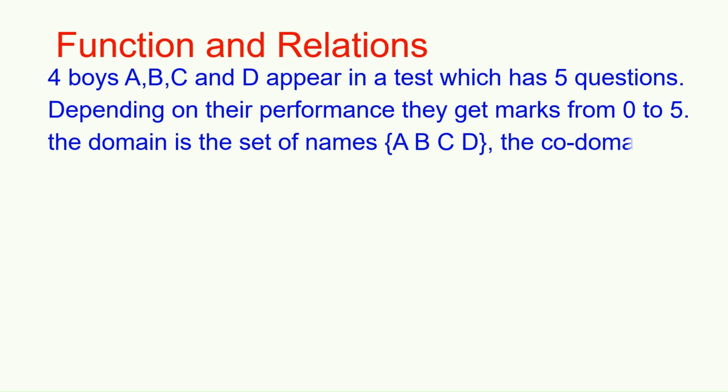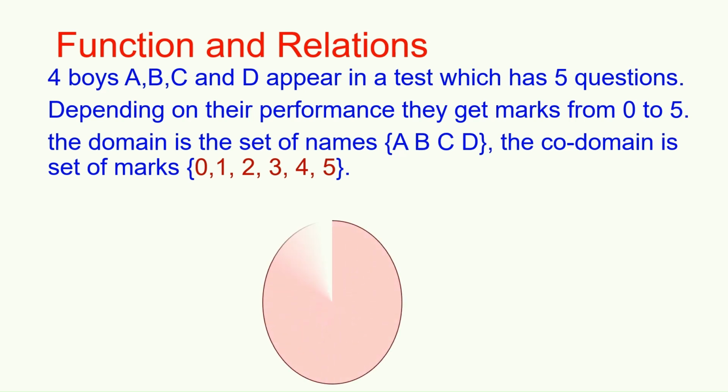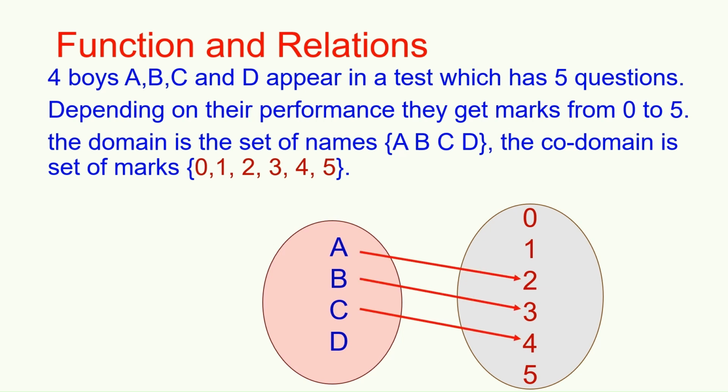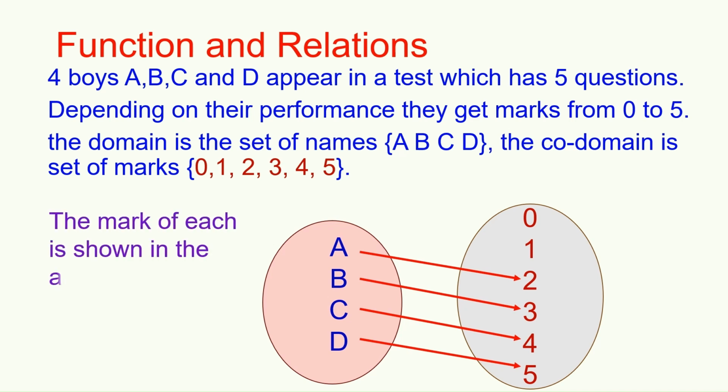The domain is the set of names A, B, C, D. The codomain is the set of marks 0, 1, 2, 3, 4, 5. Marks are related as A to 2, B to 3, C to 4, D to 5. The mark of each boy is shown here in the arrow diagram on the right.